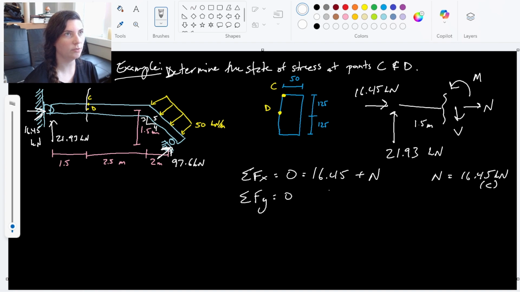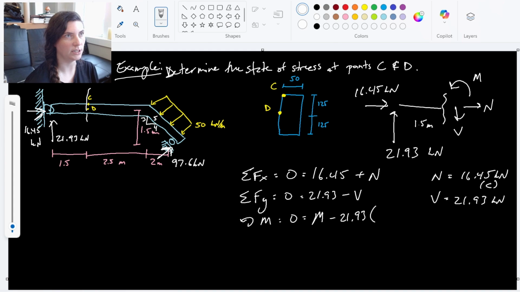And sum of my Y forces, I've got 21.93 minus the shear. Oh, well, that one's even easier. 21.93 kilonewtons. And then I take a moment about that cut. And I've got the moment value minus 21.93 times the distance away, which is 1.5.